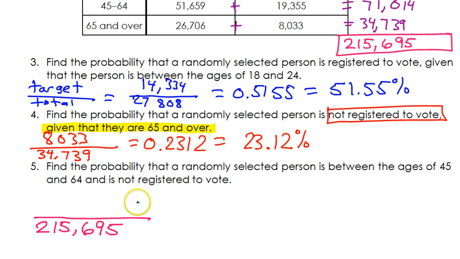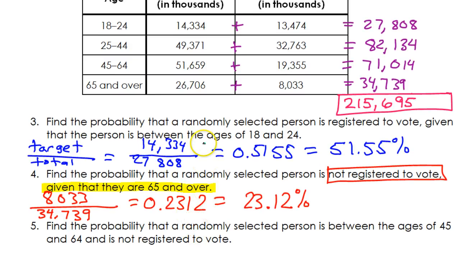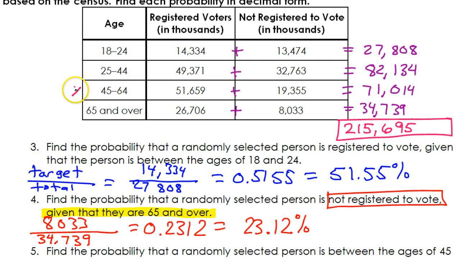Now the target. Find the probability that a randomly selected person is between the ages of 45 and 65 and is not registered to vote. So we need to find that intersection. And look, it's right here. Between the ages of 45 and 64, that puts us in this row.